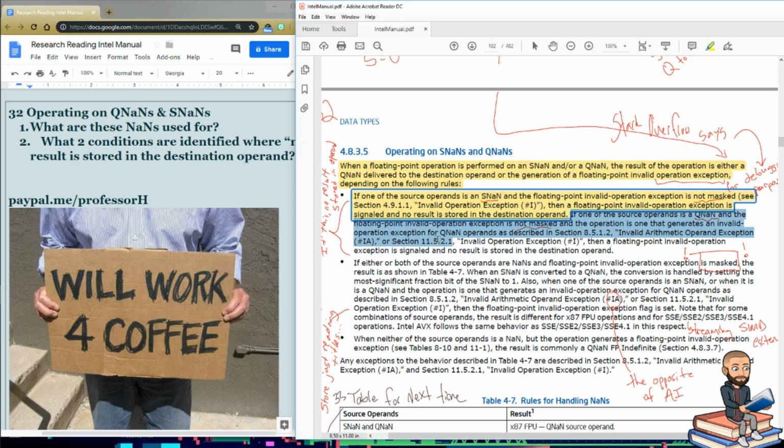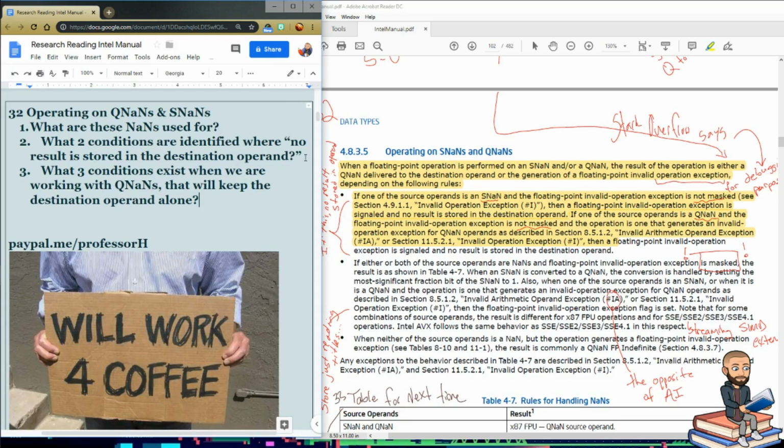We can also read section 11.5.2.1 called Invalid Operation Exceptions, #I. Okay, so let's break apart this sentence. There's those three parts, and then it says you can read over here, but they finish by saying, when all three of those things happen, then a floating point invalid operation exception is signaled and no result is stored in the destination operand, just like before.